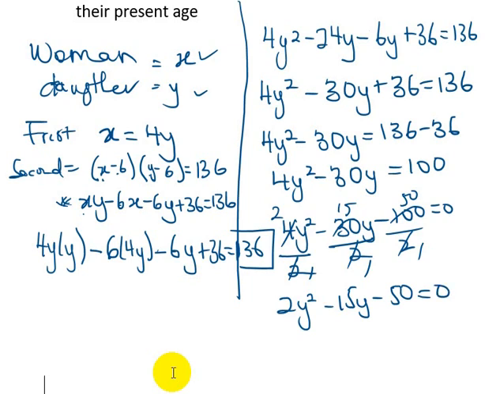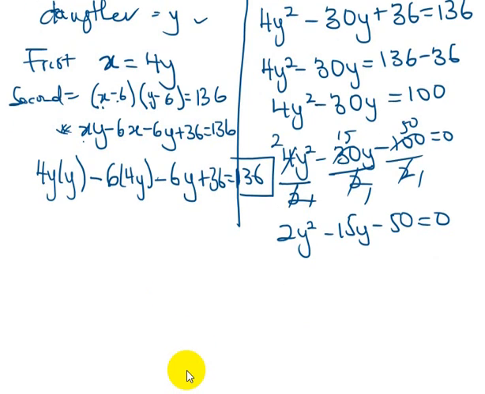Now, this is in a simple form. Otherwise, we would have gotten the figures to be big when we are multiplying. Now, the first one that we did, we were looking for factors of 50. But this time, it's not factors of 50, because the y square has a coefficient of 2. We will first multiply the coefficient of 2 by the 50 to get 100.